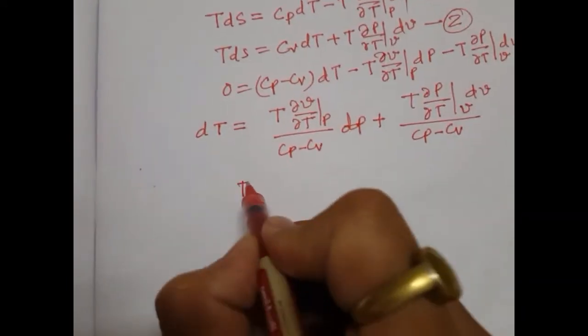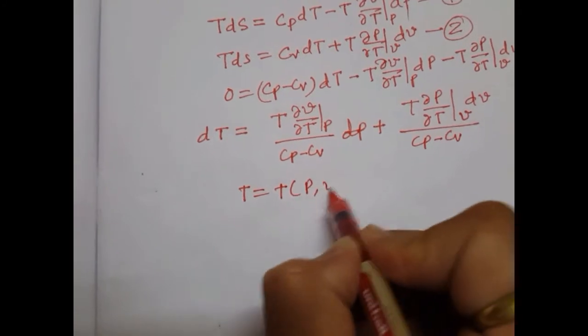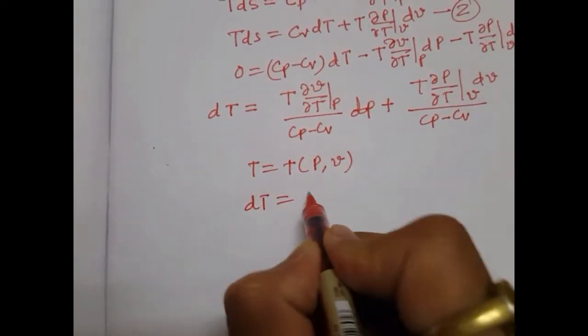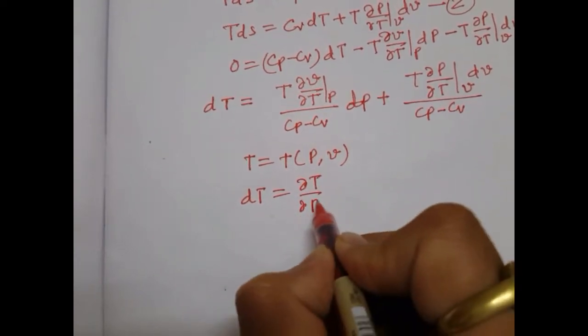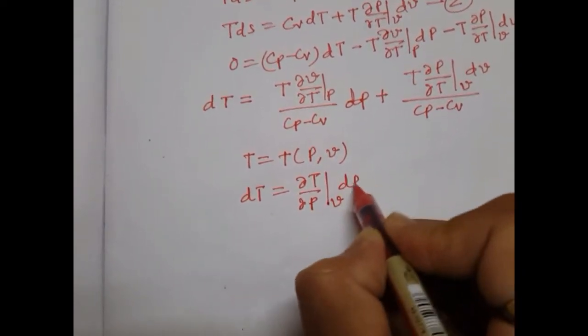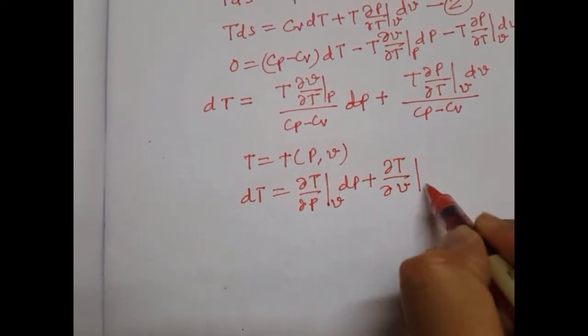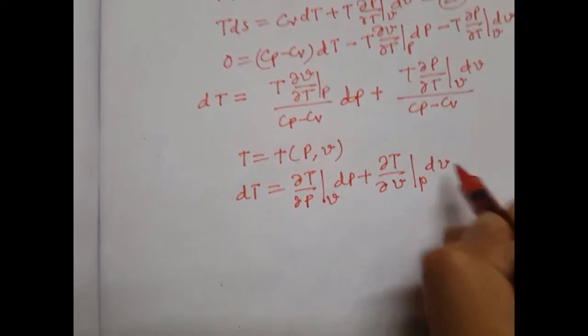Now let us say that temperature is a function of pressure and volume. So what can I write? I can write dT is equal to del T by del P at constant volume dP plus del T by del V at constant pressure dV.